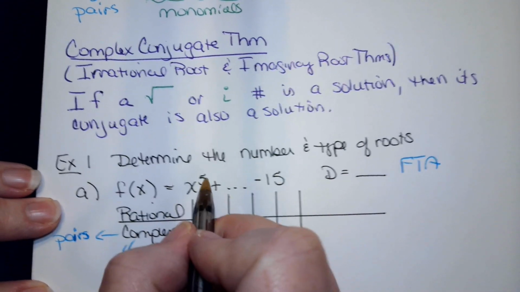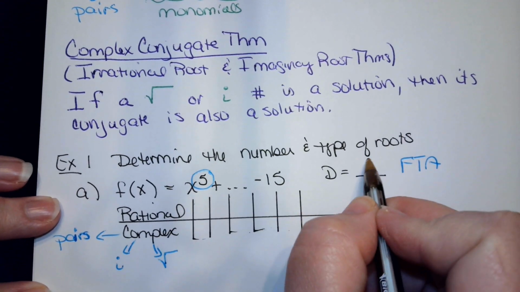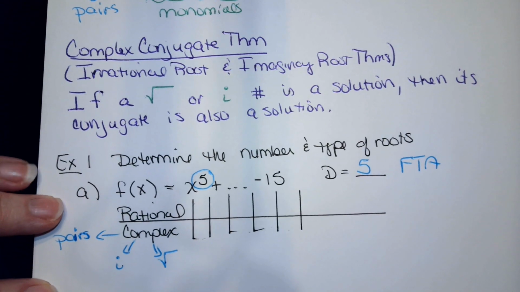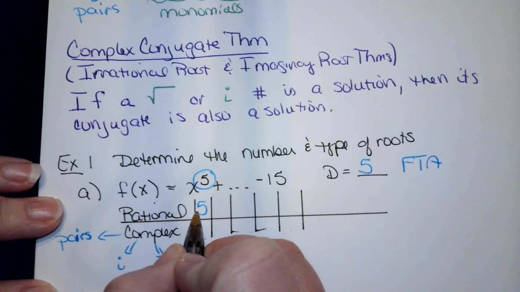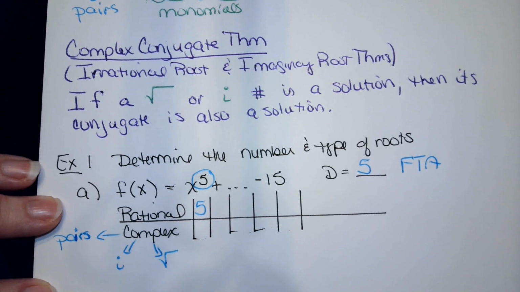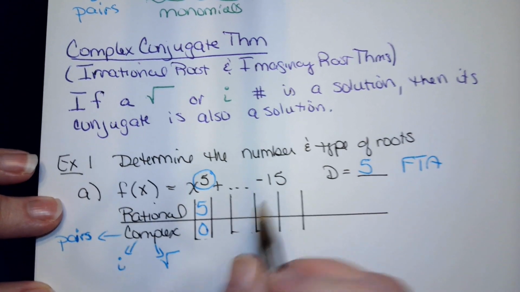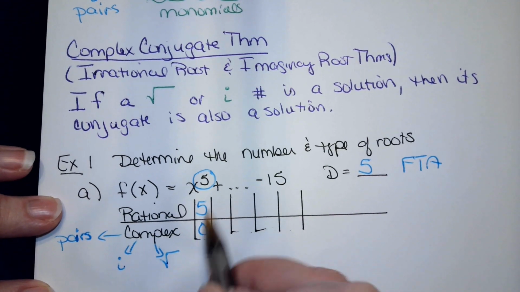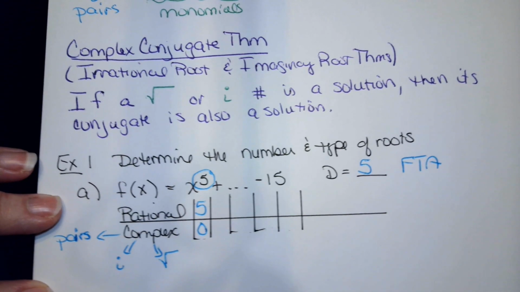So right here, my degree is 5, so I have a quintic here. So if all 5 of my solutions are rational, can any of them be complex? And the answer is no, because this column should add up to equal 5, the number of solutions.